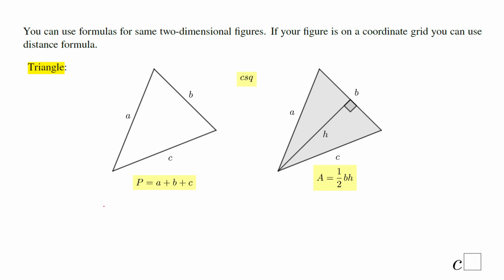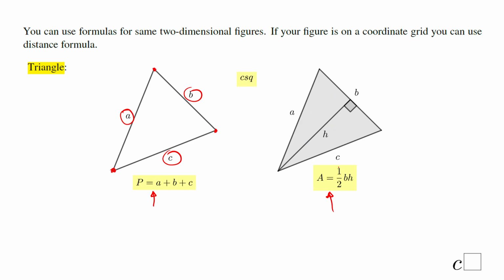You notice here the perimeter is the sum of the sides of this triangle: a plus b plus c. You're going around. You start from one point like this one, going around here, and be back at that point. That's the perimeter. The area, on the other hand, is what is shaded, what is inside.